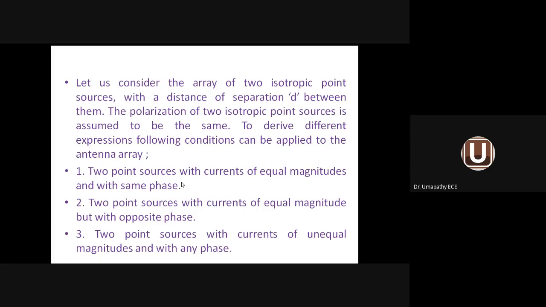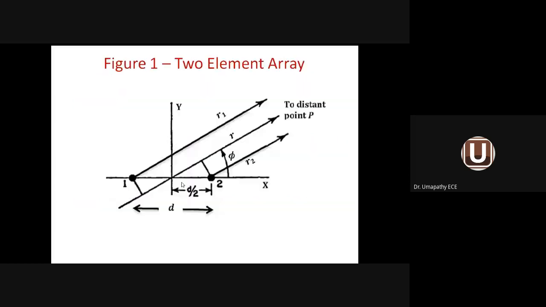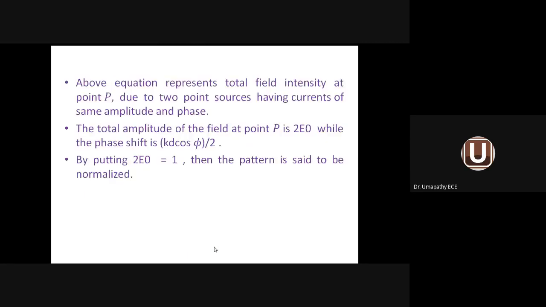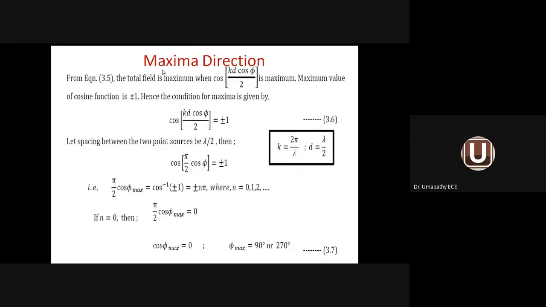To get these angles, I need an expression for the total electric field at the distant point P because of the antenna array. So in each and every case we are calculating the expression for the total electric field strength, Et equals 2 E0 cos of (kd cos phi) by 2. From this only we are able to determine the maxima direction, minima direction, and half power point direction for case 1.